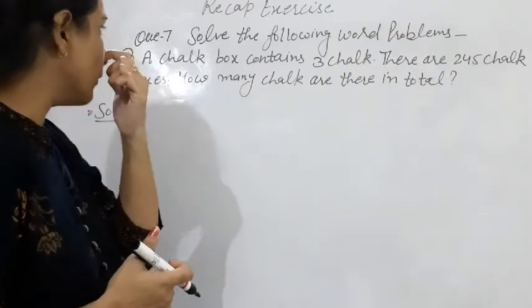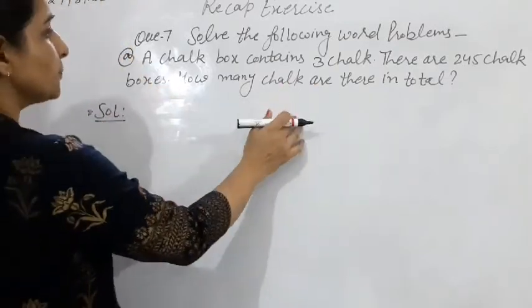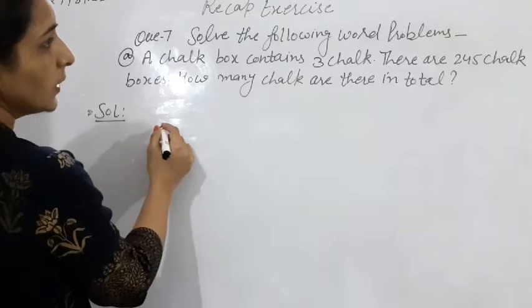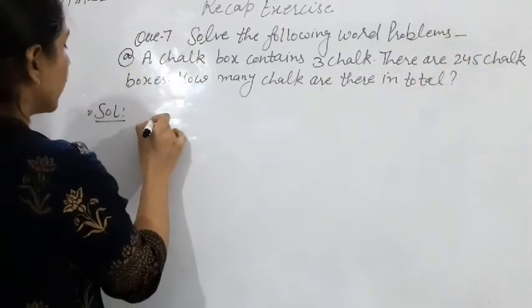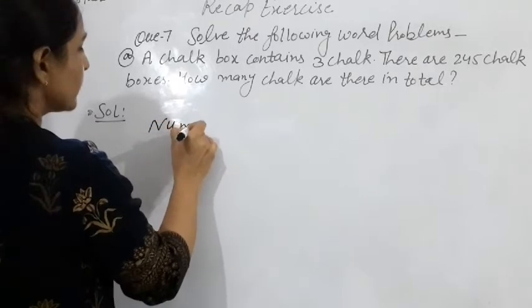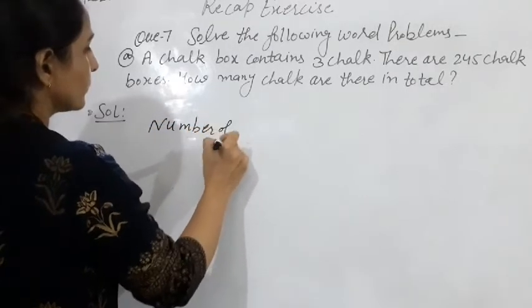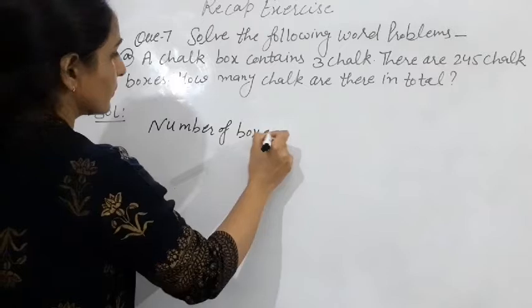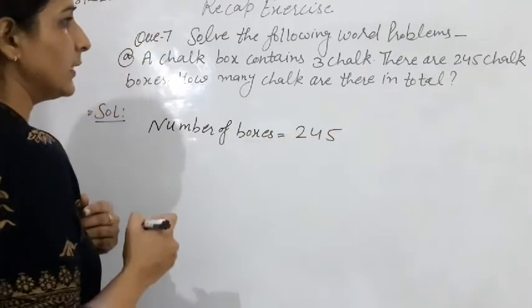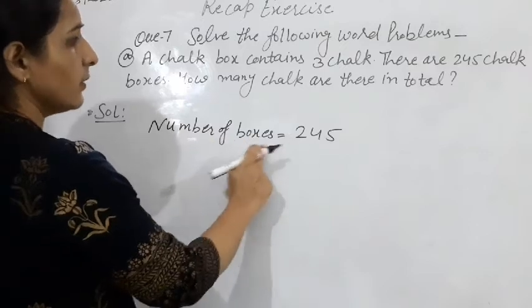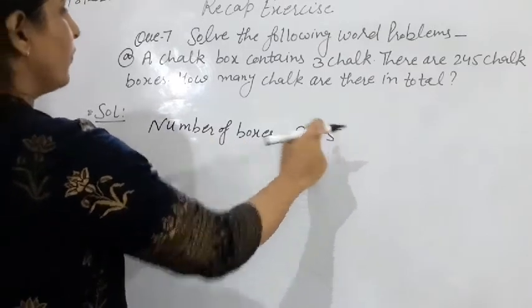So let's see how we will do. We write here. There are 245 boxes. So we write number of boxes equal to 245. Clear? Number of boxes there 245.